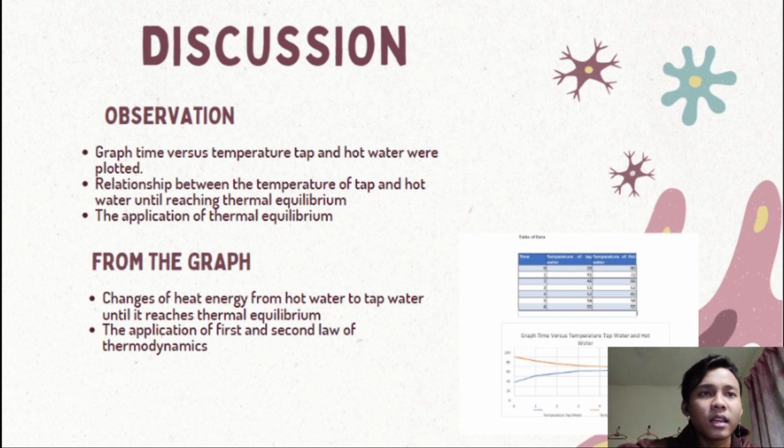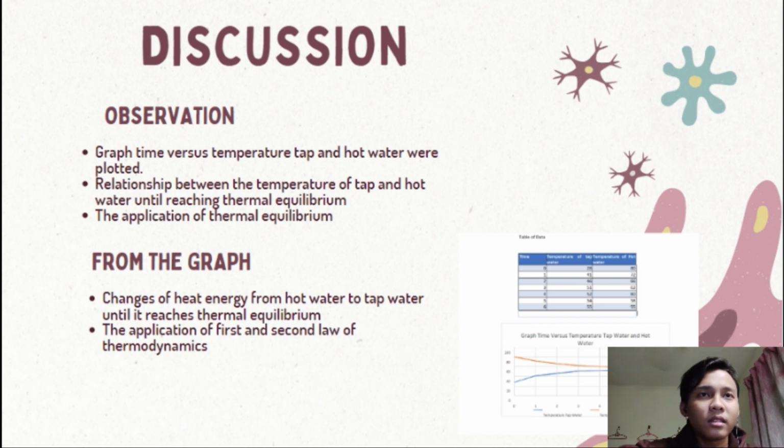What I mean is there are changes in the temperature of tap and hot water. The temperature of hot water will decrease over time, and the temperature of tap water will increase over time, until they reach one point where they no longer change.